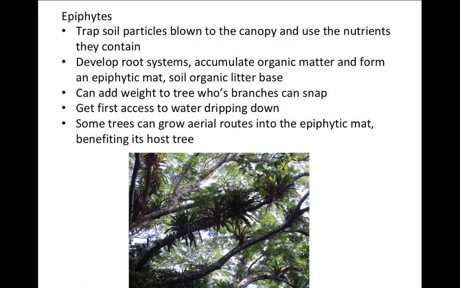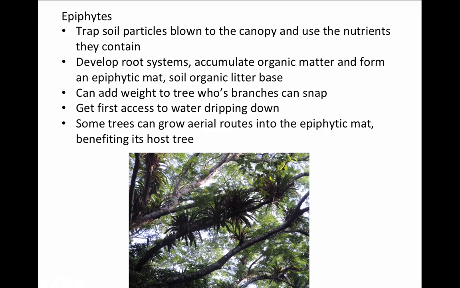And they develop a root system that develops around the branches, and it accumulates organic matter as leaves die, etc. It gets to be a mat of organic matter that develops here, providing a soil organic litter base for them up there on the tree branch.